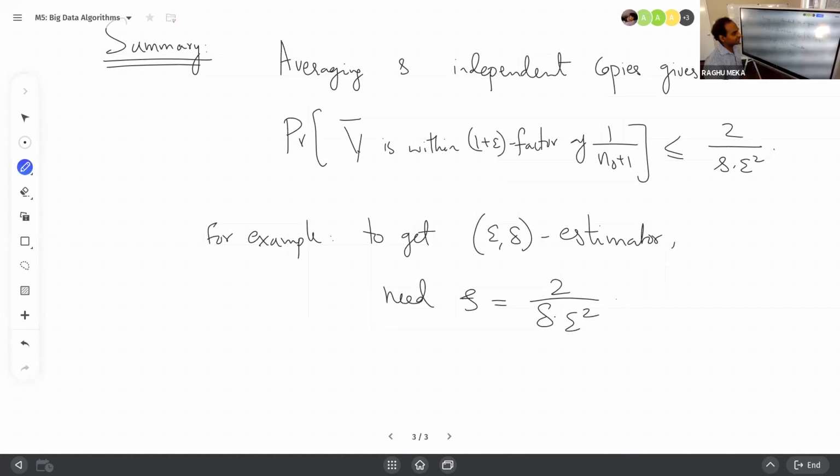So if I just take multiple independent copies and average them, then I can get a pretty good estimator with good reliability. It's amazing, right?